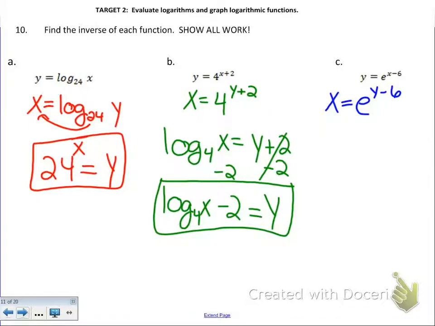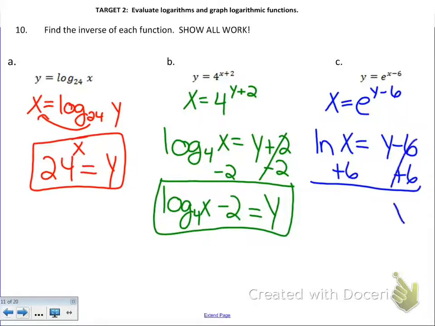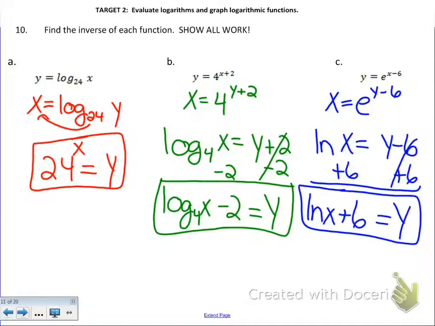So we're going to do the natural log. Again, we don't write the e down as our base, but we know it's our base, of x equals y minus 6. You want to get the y by itself, so we add 6 to both sides. And we end up with the natural log of x plus 6 equals y. And then that is our inverse function.